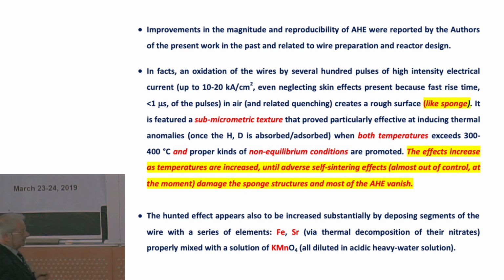But the point is, in our standard procedure, we give an extremely large current to the wire to make it go to 900 degrees, 1000, 20, 100 times. The current density is on the order of 10, 20 kiloamperes per centimeter squared, time about 50, 60 milliseconds.